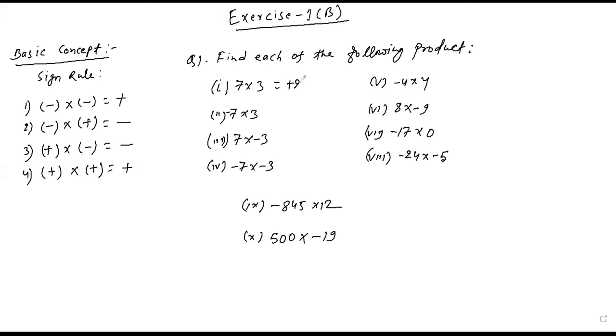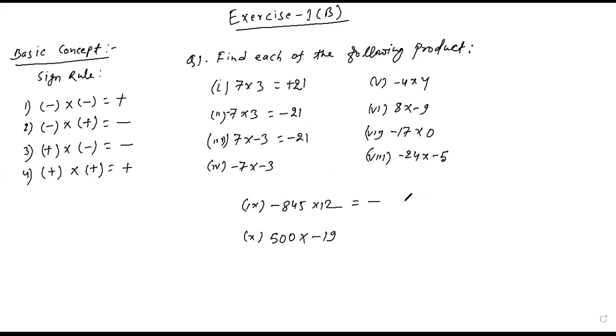Now multiply the numbers. 7 times 3 is 21. Now here, minus 7 has a minus sign and 3 has a plus sign, so minus into plus is minus. Minus 21. And here again, 7 into 3, plus into minus, minus first. Now 7 times 3 is 21. Now I will solve some random questions first. Here, minus into plus, minus.